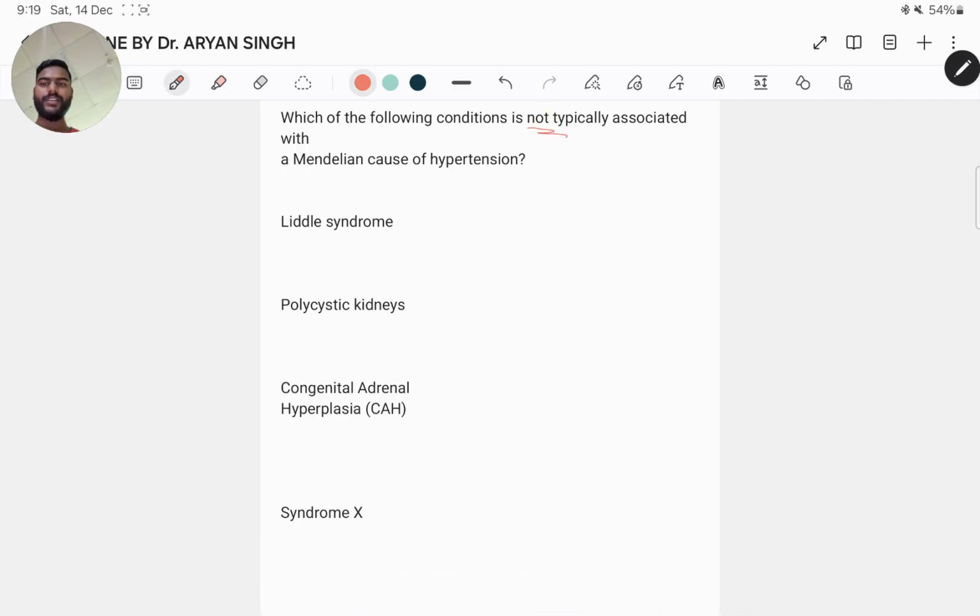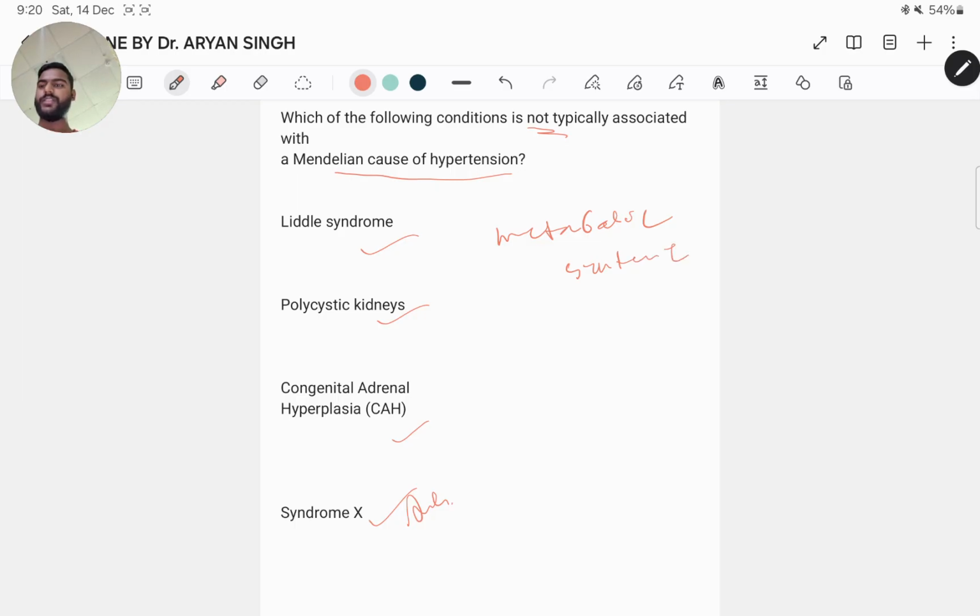Which of the following conditions is not typically associated with a Mendelian cause of hypertension? Liddle syndrome, polycystic kidney, congenital adrenal hyperplasia, and syndrome X. Here the best answer is syndrome X, because syndrome X is also known as metabolic syndrome.